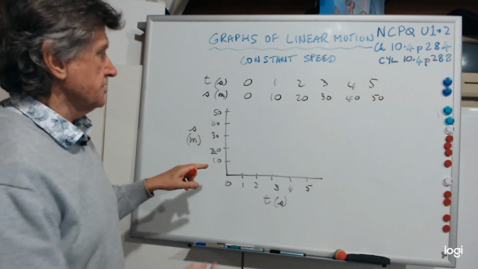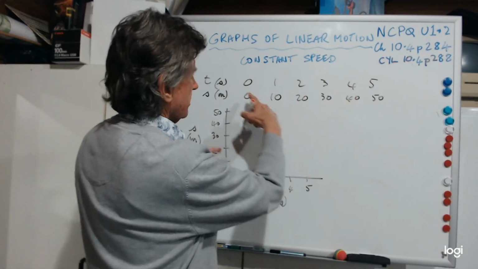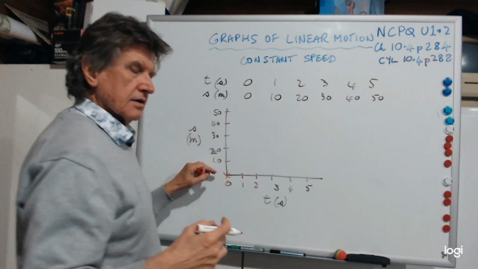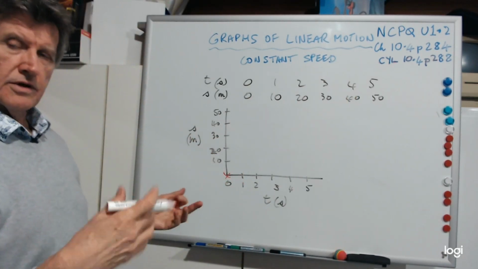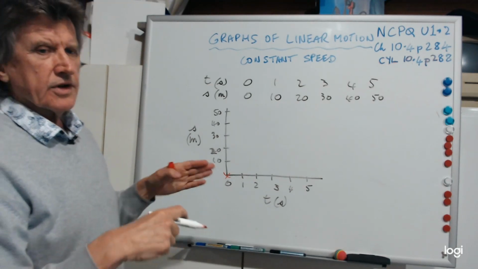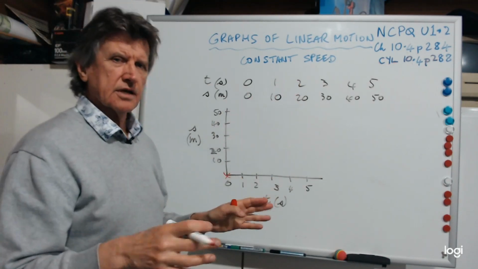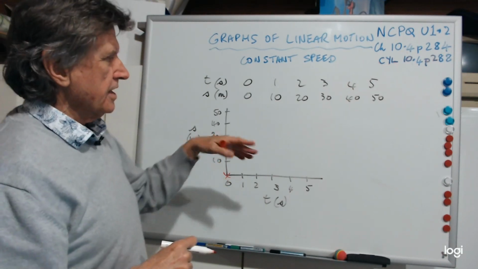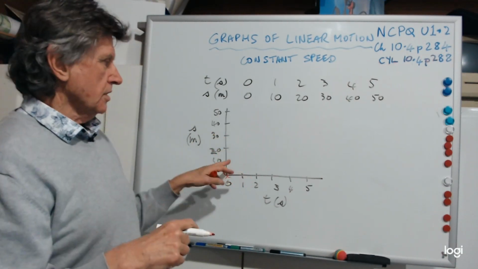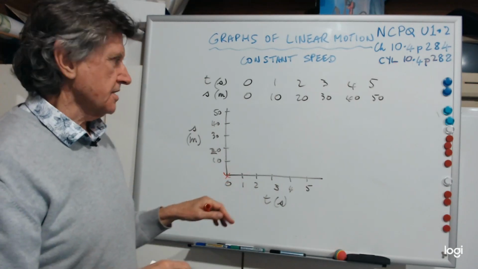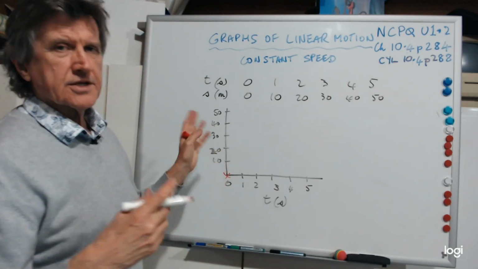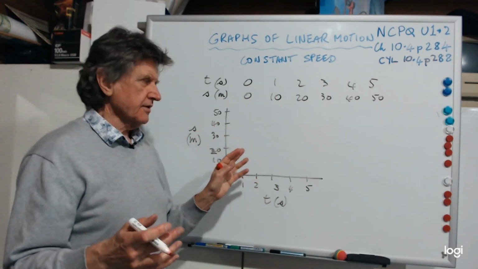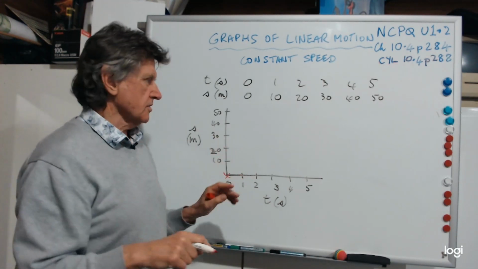Okay, let's plot these points. Let's start here, 0. Now when you're doing this by hand, we use a cross, just so that when you draw a line over the top of it, you can tell where the point was. If you use a dot, you can't tell where the marker was. If you're using Excel, make sure you use a dot that's big enough to see. Excel by default does it big enough, just so long as you choose one that's got the dots on it.